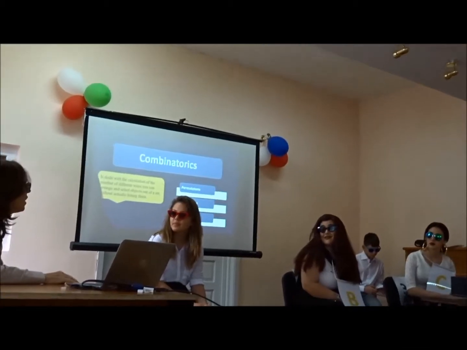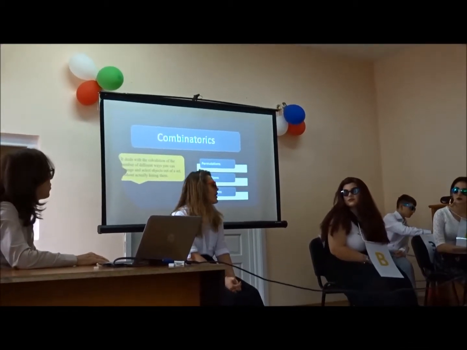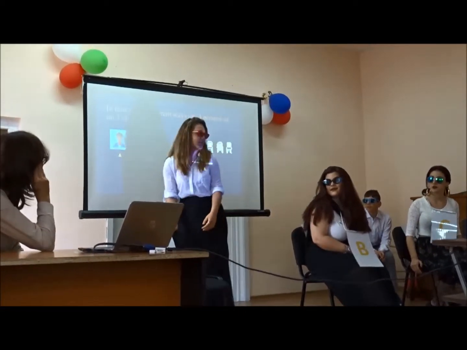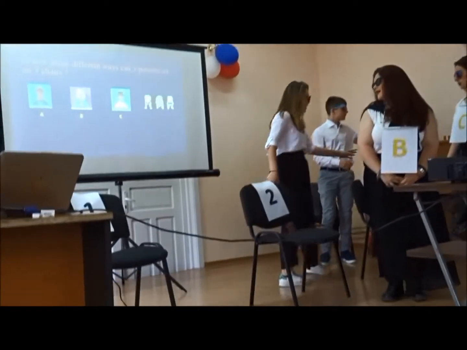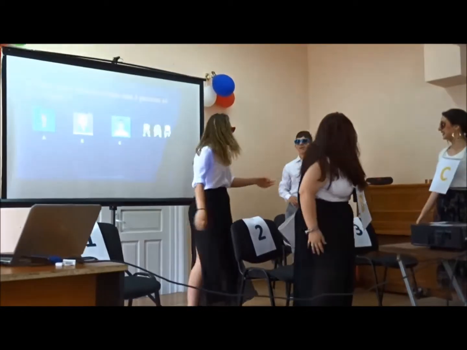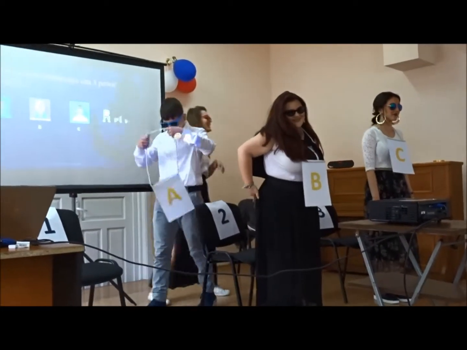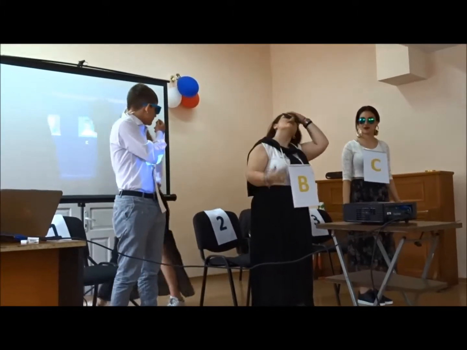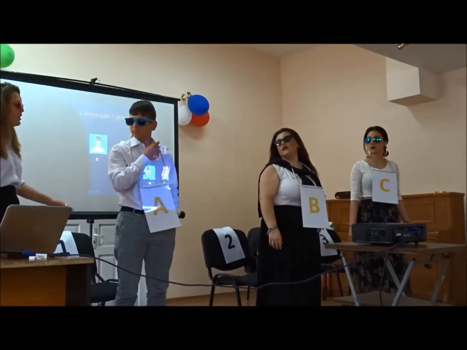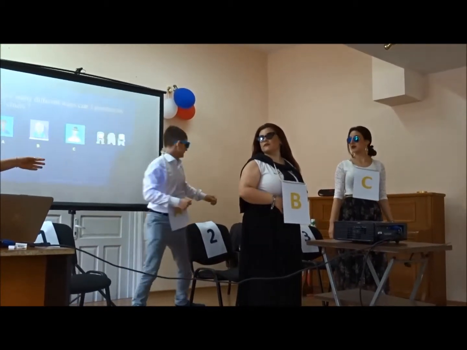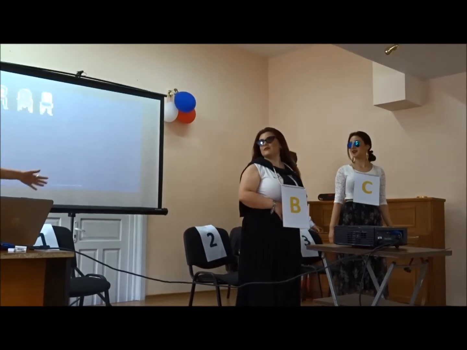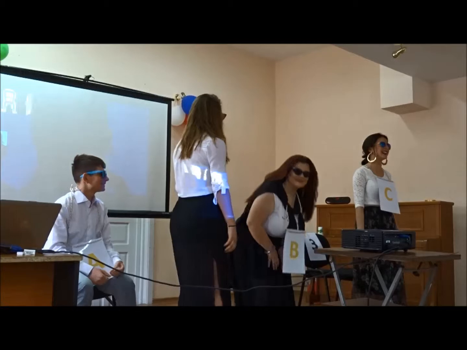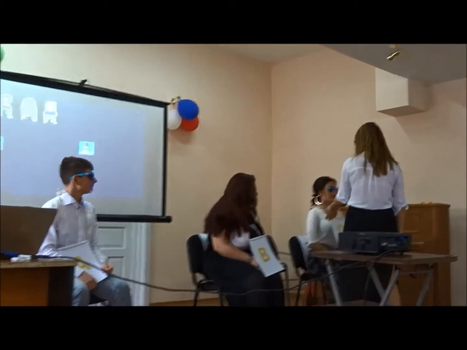Alexa, can you show me an example of permutation? For example, we have three chairs, number 1, number 2, and number 3. And we have three letters, letter A, letter B, and letter C. The first possibility is letter A sits on chair number 1, letter B sits on chair number 2, and letter C sits on chair number 3.